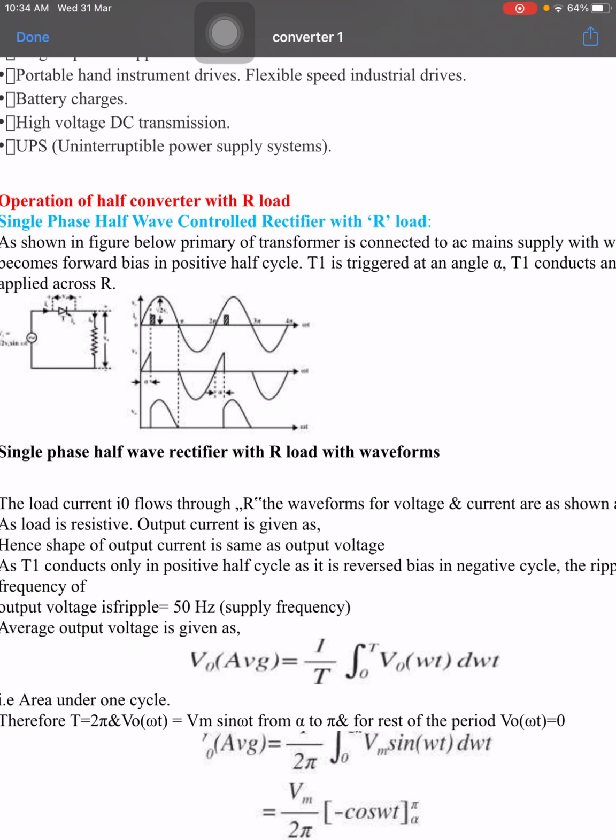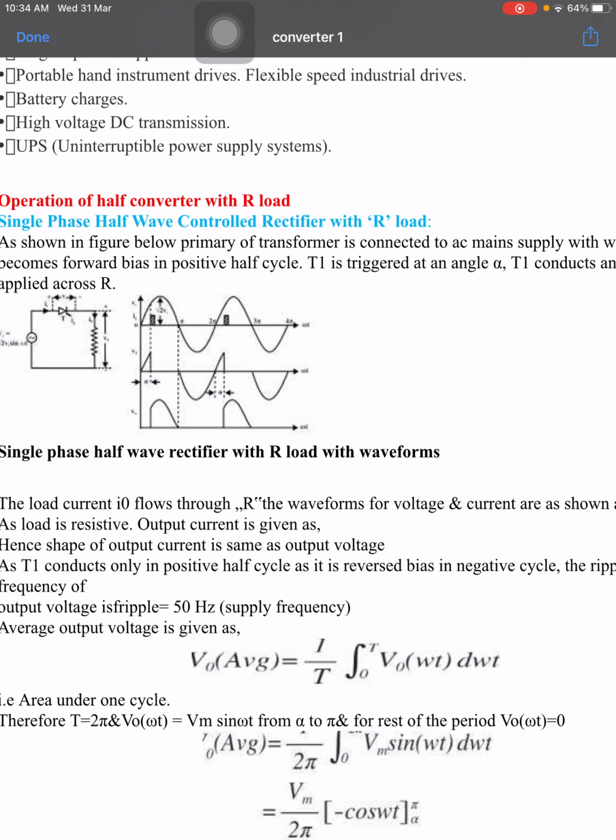When alpha is equal to 30, it starts from 30. When alpha is equal to 60, it starts from 60. Means the triggering is done according to the firing angle. When you apply voltage to the thyristor, it is forward biased. When you apply the gate signal, only then does the thyristor turn on. The gate signal we can call the firing angle.